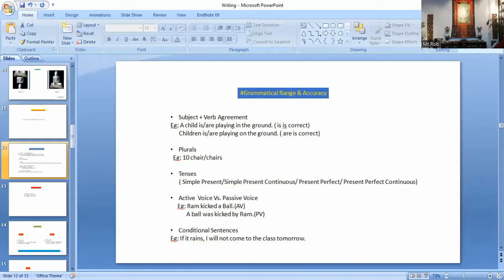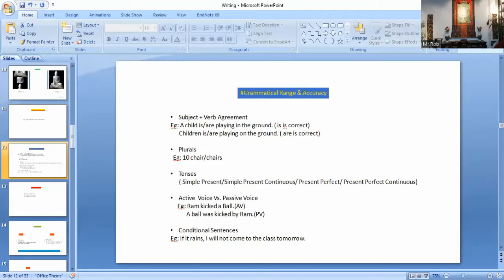You have to use the correct form of tenses. For example, use present tense if you have to say something that is happening in the present time, and simple present, present continuous tense, present perfect tense, or present perfect continuous tense.